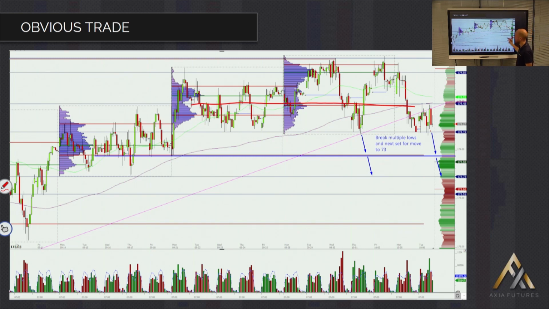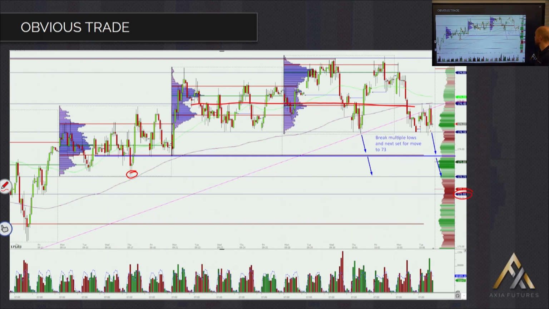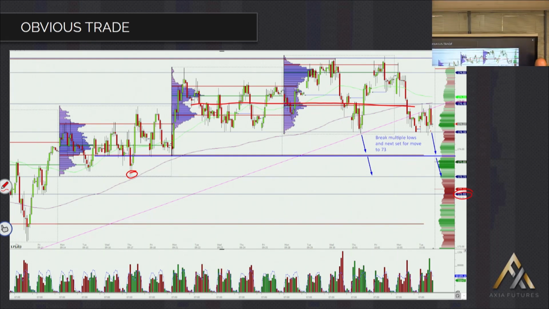Break there, we can now start looking down to these lows at 93 and potentially even 55. So it can set off a larger move. So this is enticing. This is what people want to see. You want to get on this, break 19s, you potentially got 60, 70 tick move. There's the obvious trade. So everyone plays into the lows.